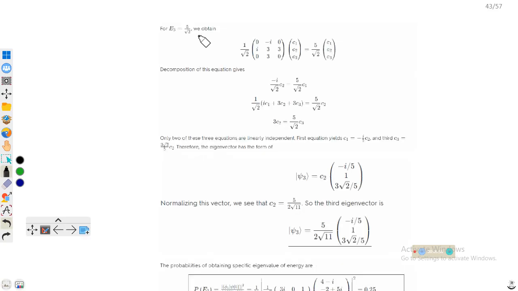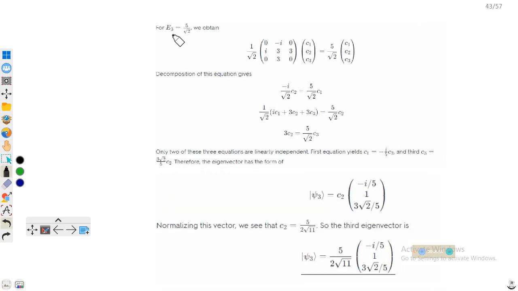for E3, we can adopt the same procedure, and we will use the third eigenvector psi 3 is equal to c2 minus iota phi, and for finding the value of c2, we will again use the normalization method. The bra psi and ket psi should be equal to 1.